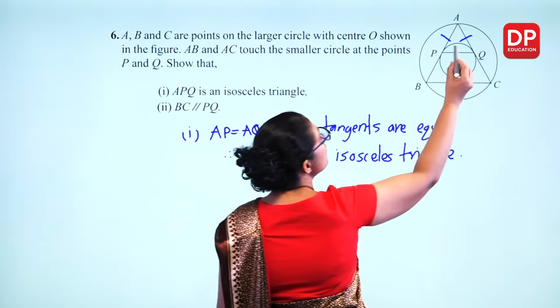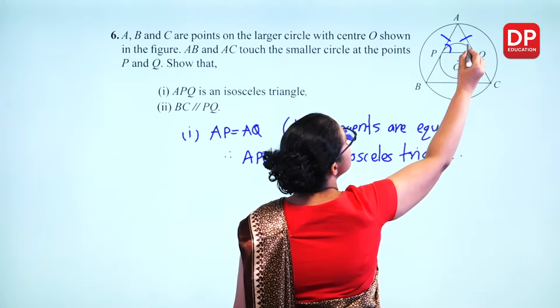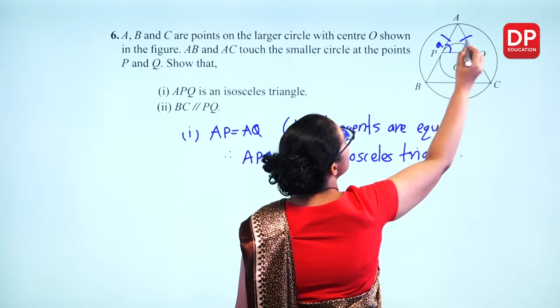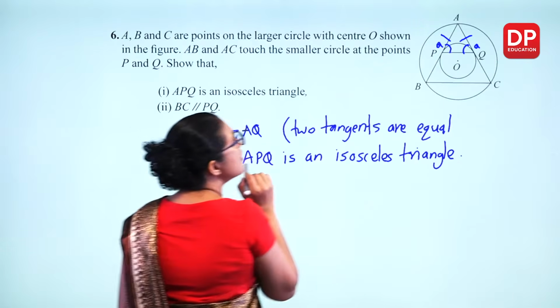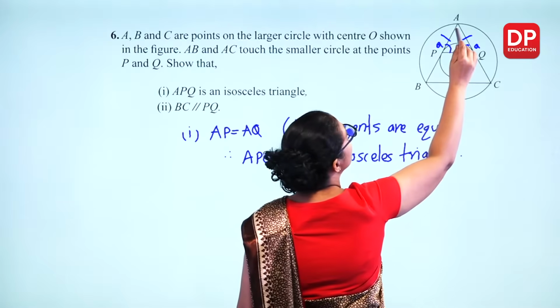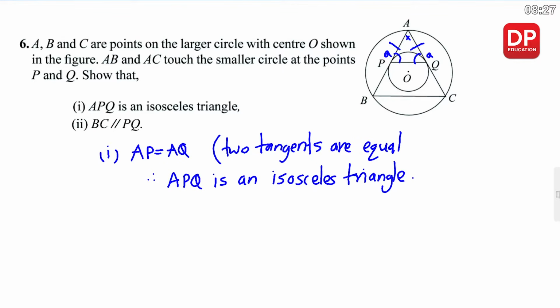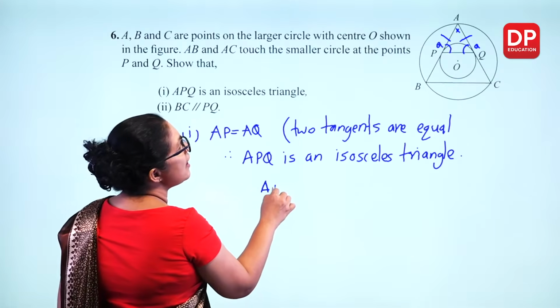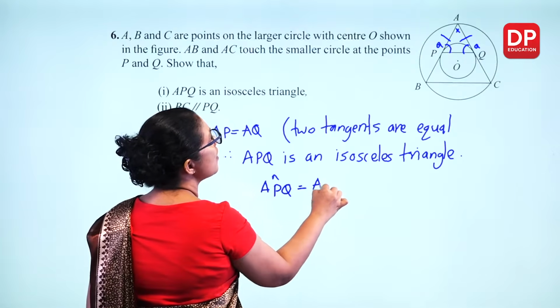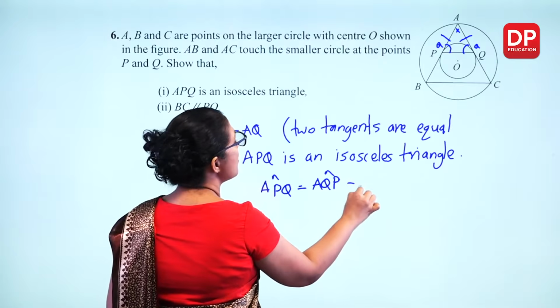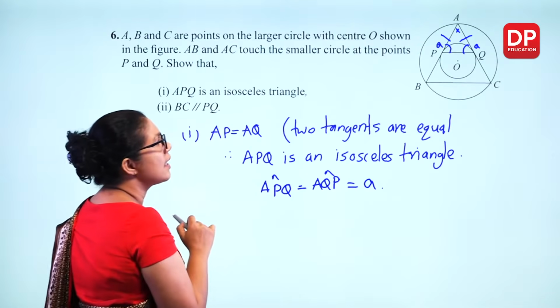If this is an isosceles triangle, this angle is equal to this angle. I'll put A and A. So what's this angle? APQ angle is equal to AQP angle is equal to A.